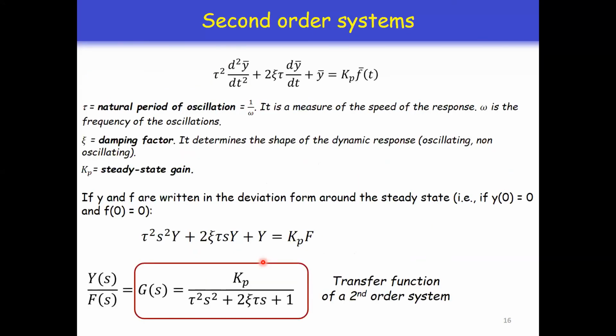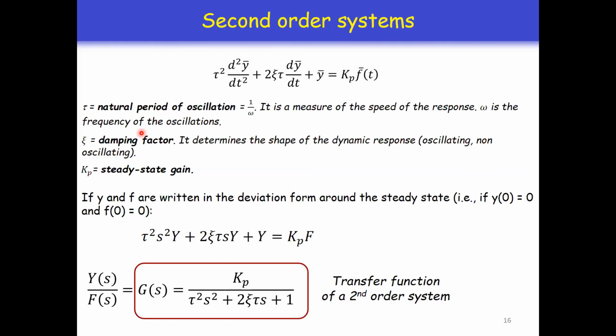First thing first, when you talk about something, give the definition. Tau is a time constant that we call natural period of oscillation, and it has exactly, as we will see, the same meaning that we saw for first order systems. The larger tau, the more sluggish the response of the system will be to any disturbance.